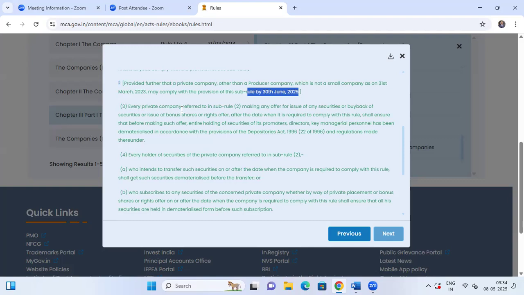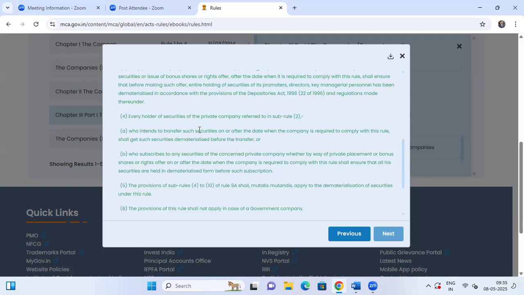So every private company referred to in sub-rule 2, just as we have discussed, making any offer for issue of any securities or buyback of securities or issue of bonus shares or rights offer after the date when it is required to comply with this rule shall ensure that before making such offer, the entire holding of securities of promoters, directors, KMPs has been dematerialized in accordance with the provisions of the Depositories Act.